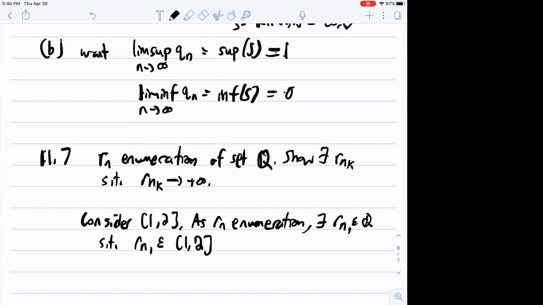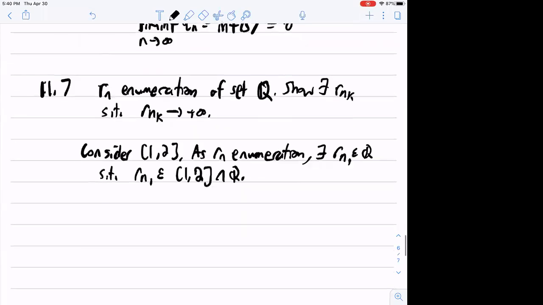So the first term, no issue. Now, hopefully you know what I'm going to do. I'm going to go (2, 3), (3, 4), (4, 5), (5, 6), and this will clearly go off to infinity, because I'm taking intervals that go off to infinity.